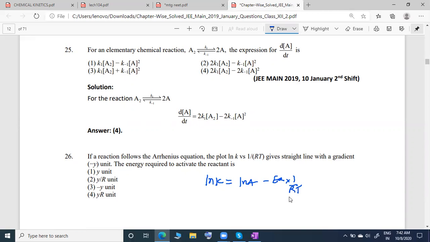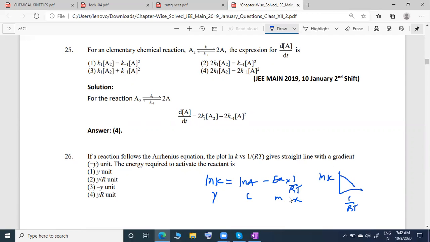They are drawing a graph, y equal to mx plus c. So what is the slope here? If you draw ln k versus 1 by RT, we will get a line like this.